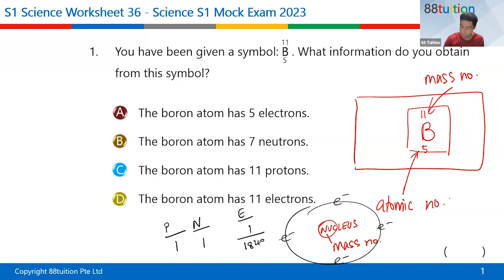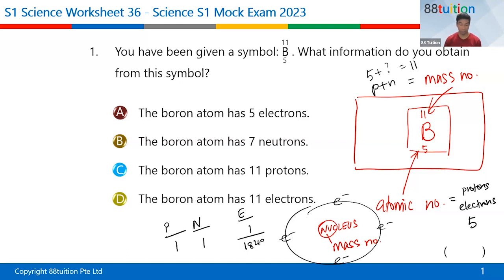So the atomic number equals the number of protons, which is equal to the number of electrons, so that means equal to 5. And the mass number is equal to the number of protons plus neutrons, which means protons already I have 5, plus question mark equals 11. So what's the question mark?